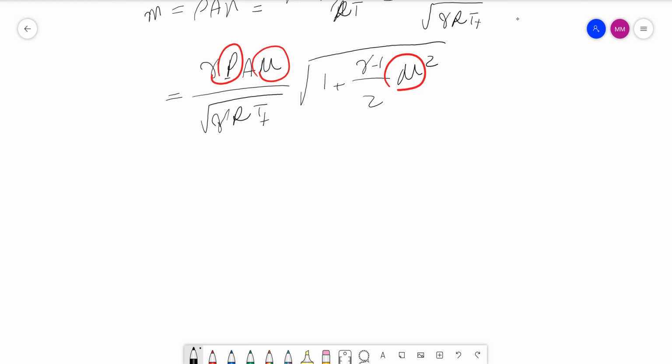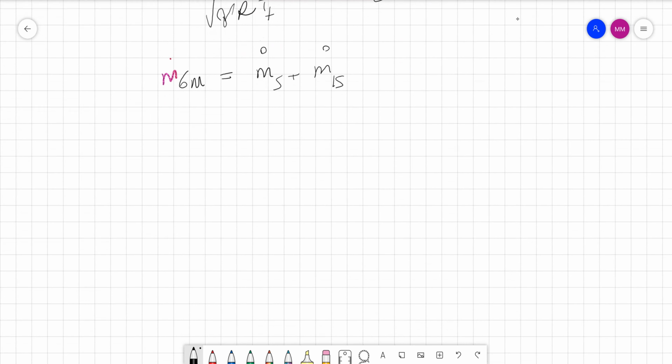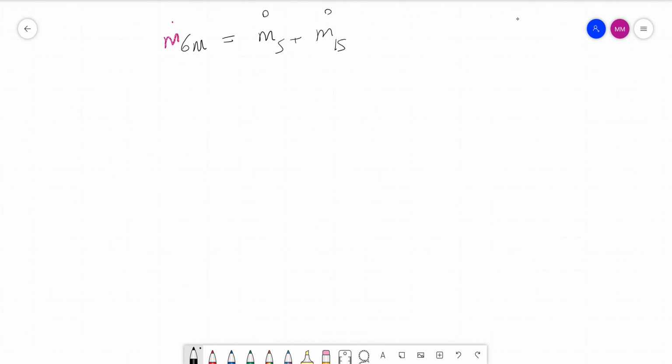So the only thing you really need to do is to write the mass balance, which is going to be the mass of 6m is going to be equal to the mass of turbine coming out and the mass of fan coming out, right? Your final equation is going to be looking like this. It's just plug and chug, so hopefully you can do that part by yourself.